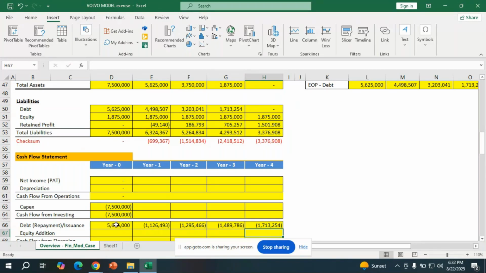And we have made a capital investment in year 0. Every year we are not making it, so it will be 0 in the rest of the years. Only one year we are doing it, that's it.